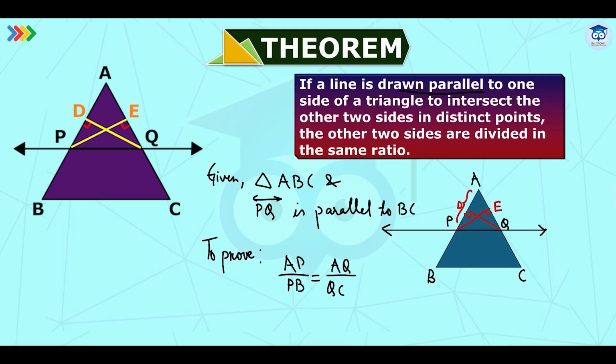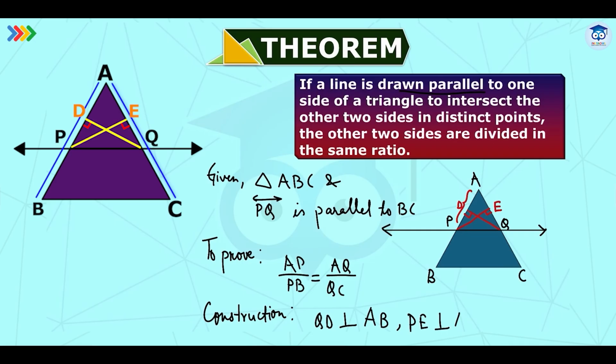We have drawn PE perpendicular to AQ, or we can take it for AC also. And QD is perpendicular to this. Construction: QD perpendicular to AB, which is the same as AP, and PE perpendicular to AC.